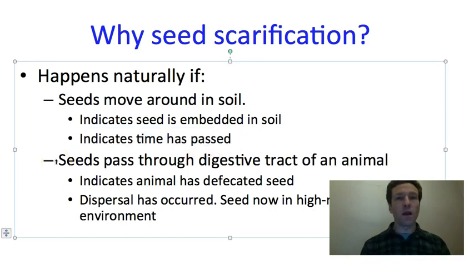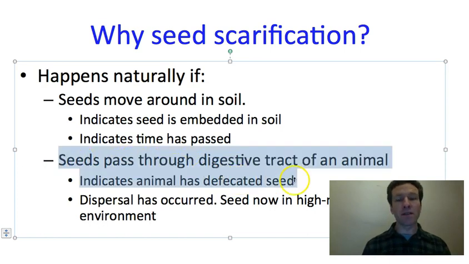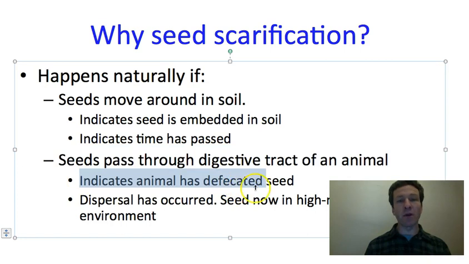A second reason that scarification is useful is that for some seeds, it's an indication that the seed has passed through the digestive tract of an animal. And this is important because if it has done so, then probably by this point the animal has defecated out the seed or released it.